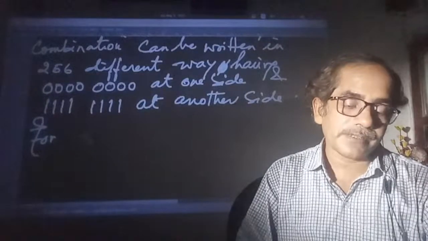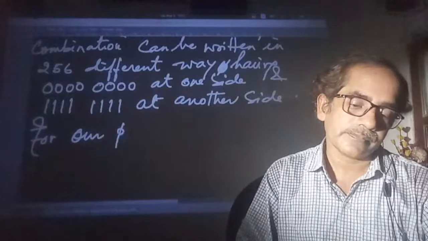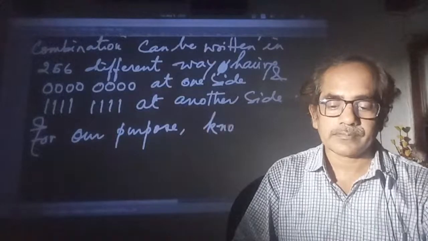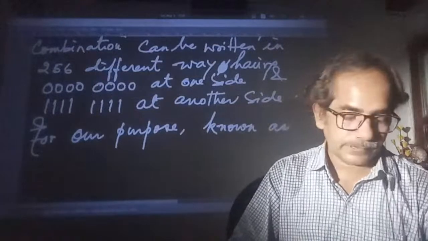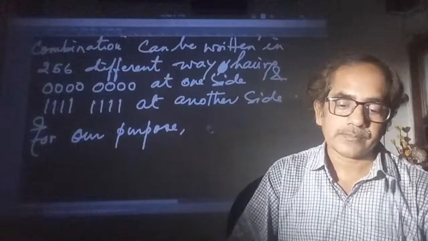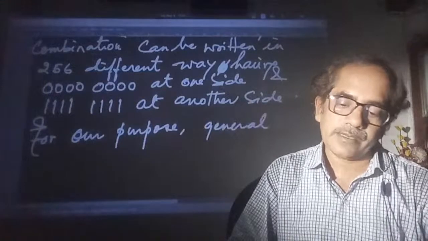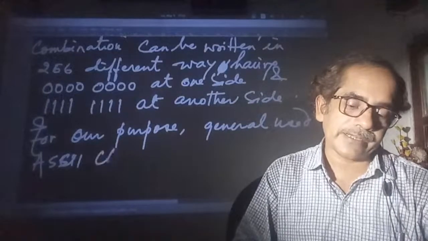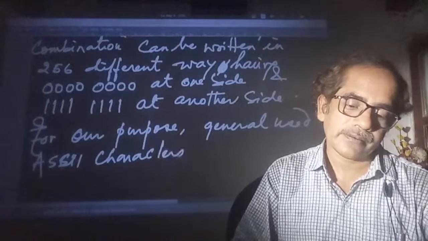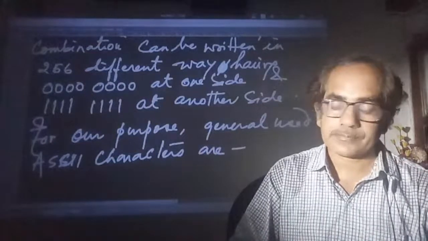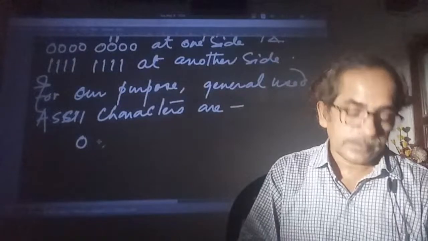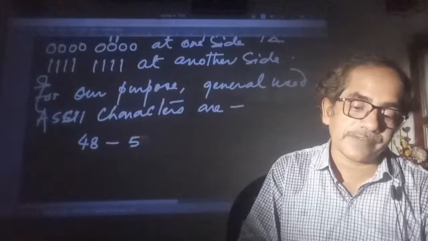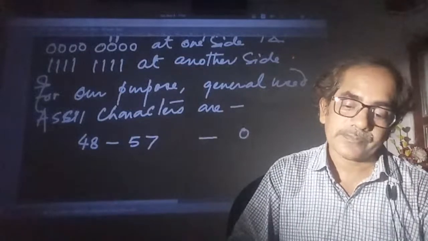For our purpose, the generally used ASCII characters are 48 to 57, that is 0 to 9.